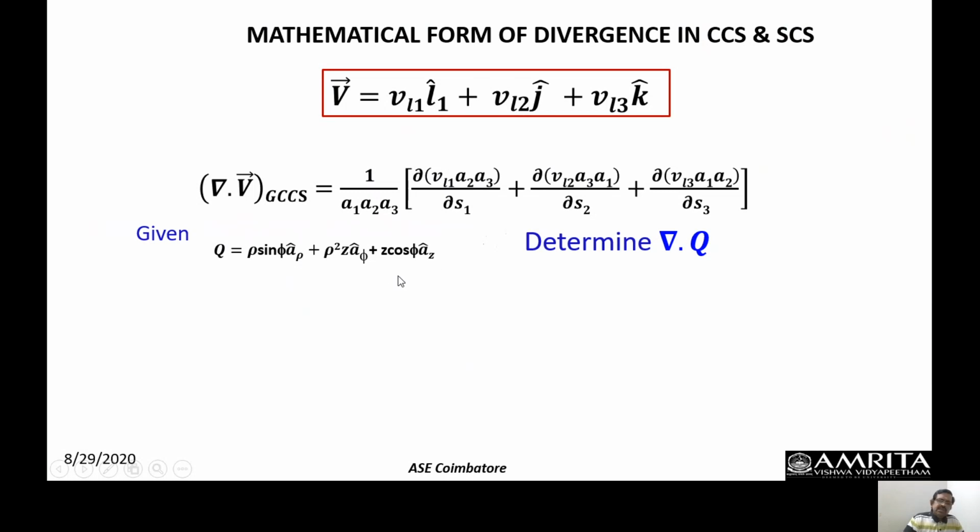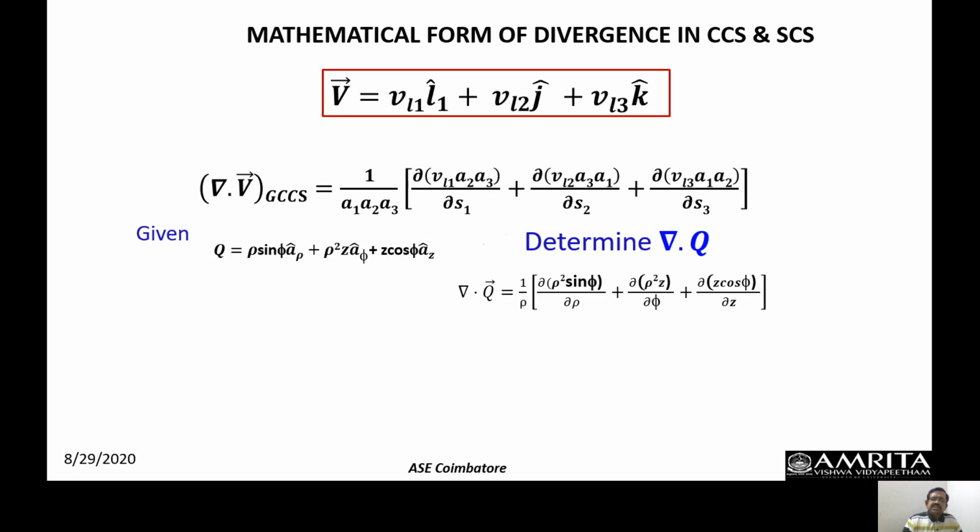That is step number one. Step 2 is to write the formula for the generalized curvilinear coordinate system. Draw parallels for A1, A2, A3, dou S1, dou S2, dou S3 between the generalized curvilinear coordinate system and the cylindrical coordinate system. We know A1 is 1, A2 is rho, A3 is 1. Dou S1 will be dou rho, dou S2 will be dou phi, dou S3 will be dou Z.